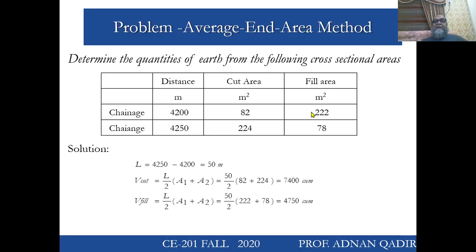And along the fill, the volume will be this area plus this area divided by 2, multiplied by the length, as we have discussed in lecture 3 as well. So this is again very trivial. Average those sections and multiply by the length between them. So that's 50.